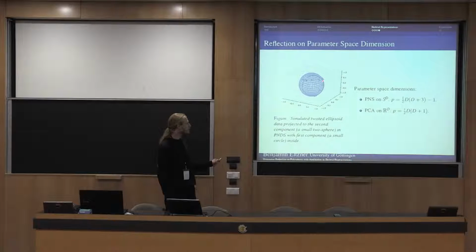And so the point of all of this is that we have a higher dimensional parameter space, namely for a full set of PNS dimension reductions as compared to linear PCA, we have a dimension of d-1 higher, and therefore we can approximate the data more closely.